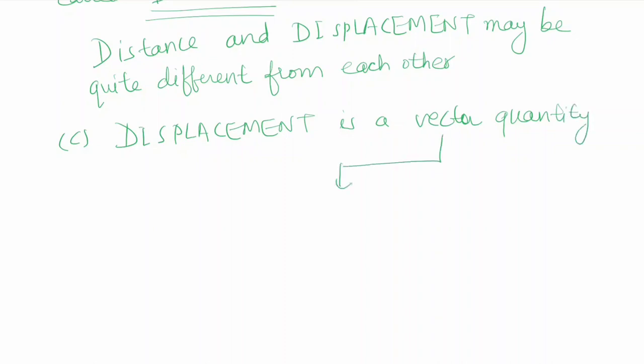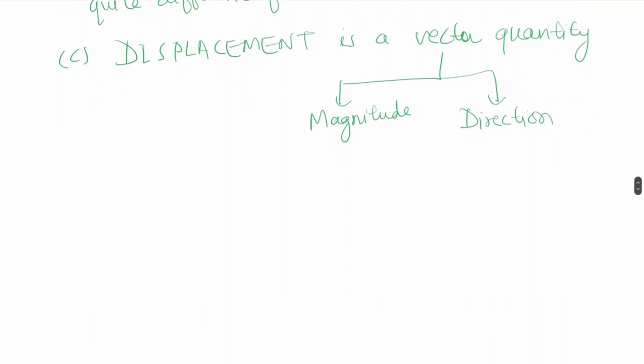Now what is a vector? A vector has both magnitude as well as direction. So how is displacement a vector quantity? Remember when we were defining displacement a couple of minutes ago, we actually needed to specify the terms like towards right or towards left.